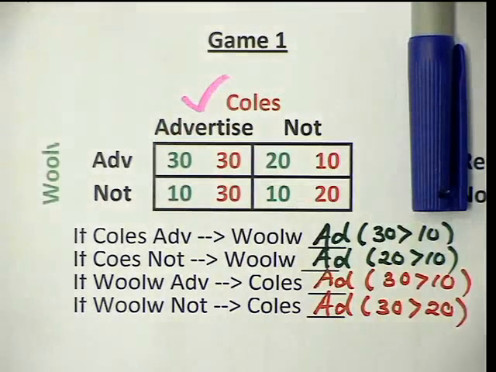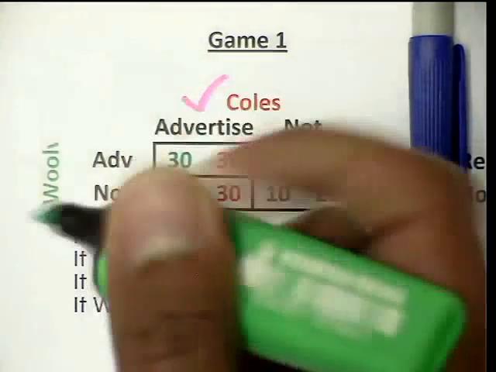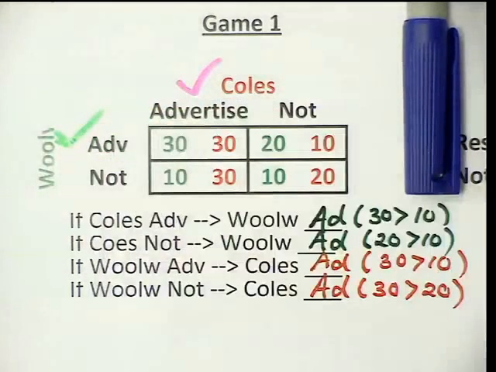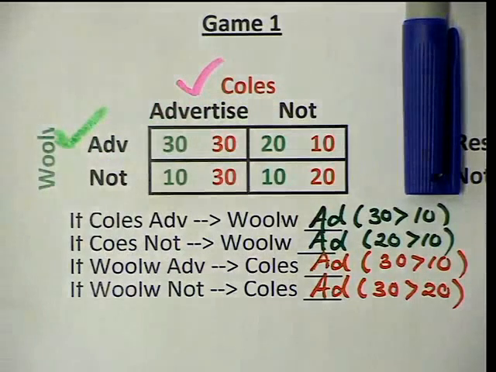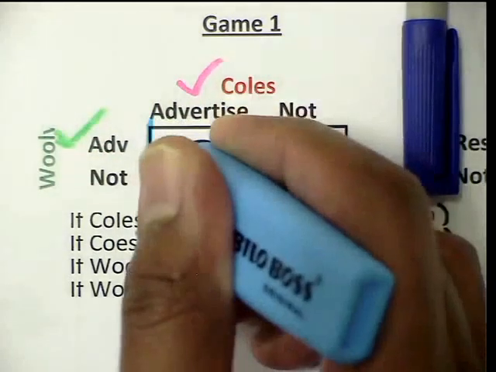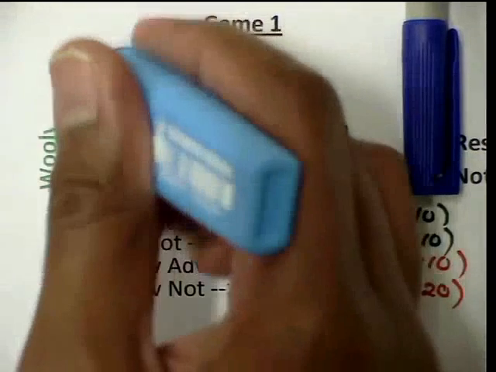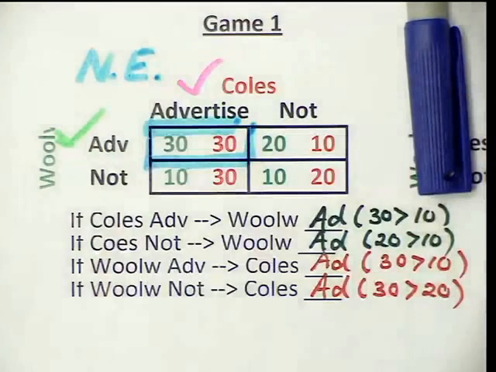We know that Woolworths will definitely advertise. What's the Nash equilibrium? They both will choose to advertise. We'll call that the Nash equilibrium.